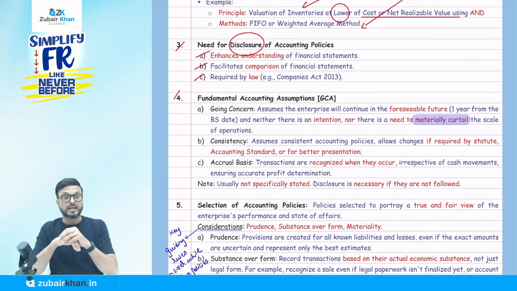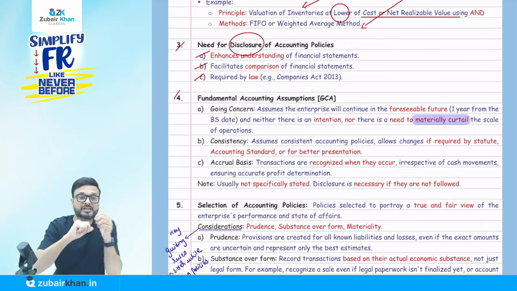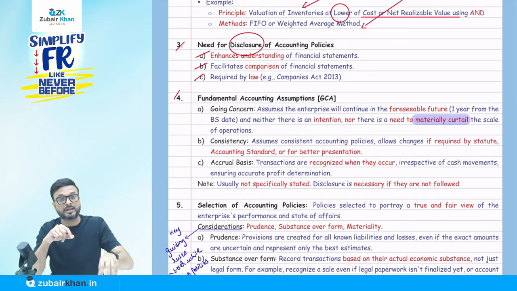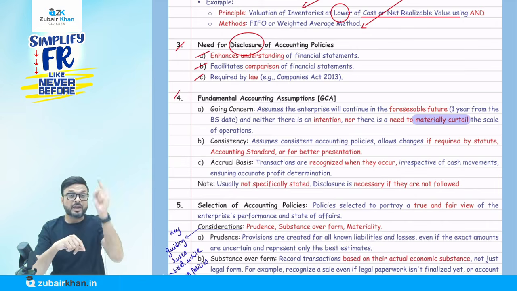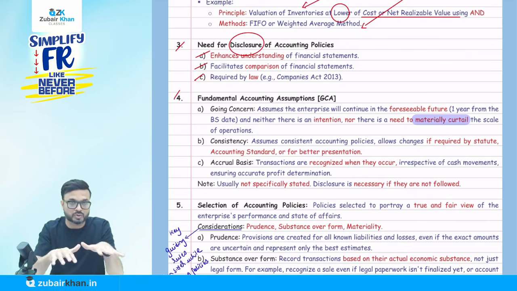No, never. If we have not followed these GCA, then we have to disclose. Remember, a very important point: these fundamental accounting assumptions that we are following, no need to mention in notes to accounts. If we are not following them, then we have to disclose in notes to accounts that we have not followed these fundamental accounting assumptions.